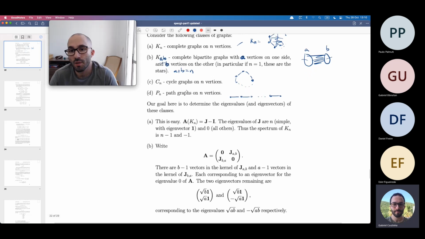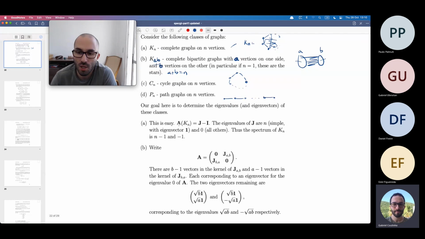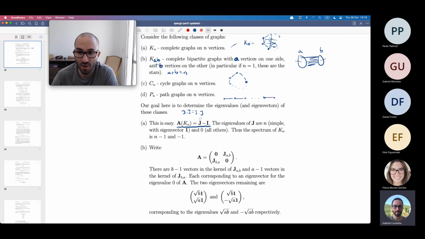For the complete graphs, it's quite easy because the adjacency matrix of the complete graph is the all ones matrix J minus the identity matrix I. These two matrices commute, so J times I is equal to I times J. We know that there is a common basis of eigenvectors for J and I. The eigenvalues of J are very easy to compute because J is the all ones matrix.